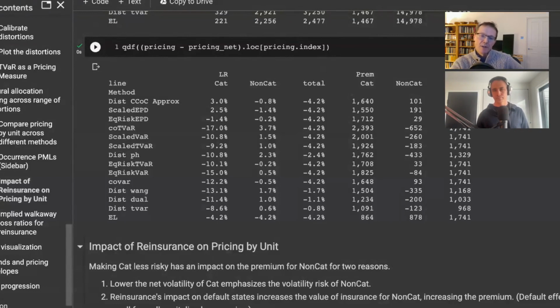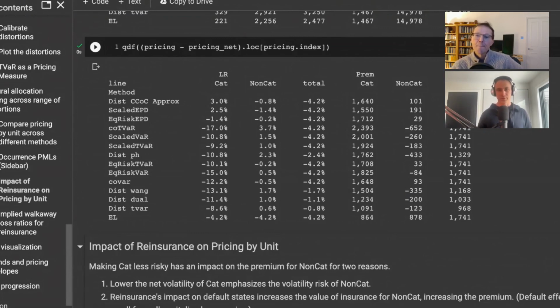The other thing that happens is the quality of the coverage that you provide to the non-cat people goes up because you're less likely to have an insolvency that's driven by cat because you've bought cat reinsurance. So they have got a higher quality product, and so they should pay slightly more for it, right? So there's an interesting dynamic there that by buying cat reinsurance, you actually change the product for the non-cat people as well. And you change how you think about their relative riskiness.